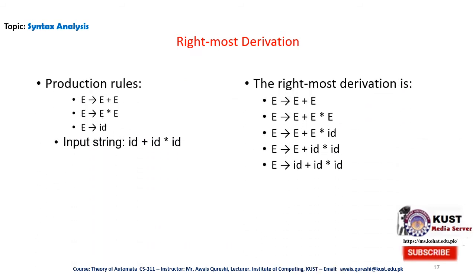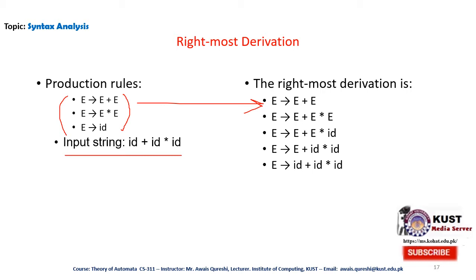So let's see this rule with the help of an example. Rightmost derivation: as you can judge from the statements, they are the same production rules and the same input string, but the order in which we apply these rules differs in the rightmost derivation.